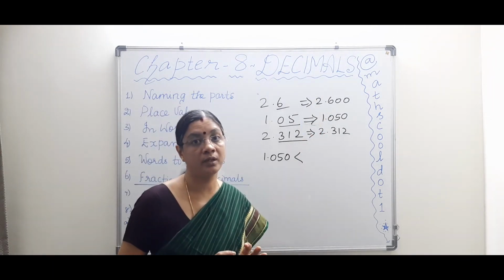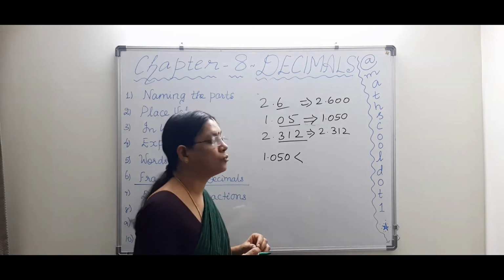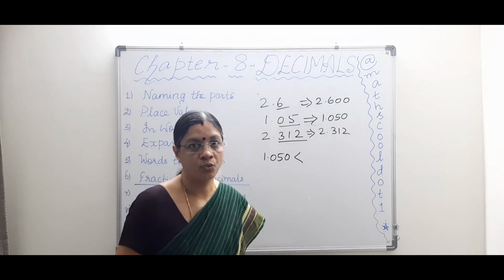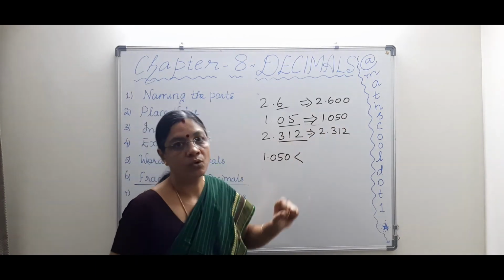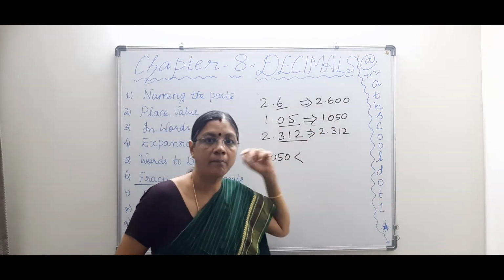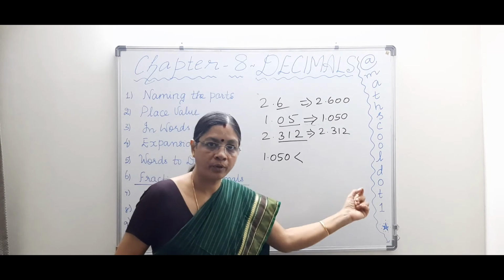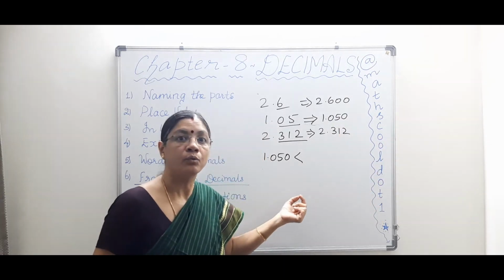Since 2 of the numbers have 2 in the whole number part, what we need to do is we need to see the decimal places also. So the first decimal place has 3 here and it has 6 here. So obviously 2.3 is less than 2.6 because we have seen in the number line 2.1, 2.2, 2.3, 2.4, 2.5 and then 2.6. So 2.6 is greater than 2.3, isn't it?